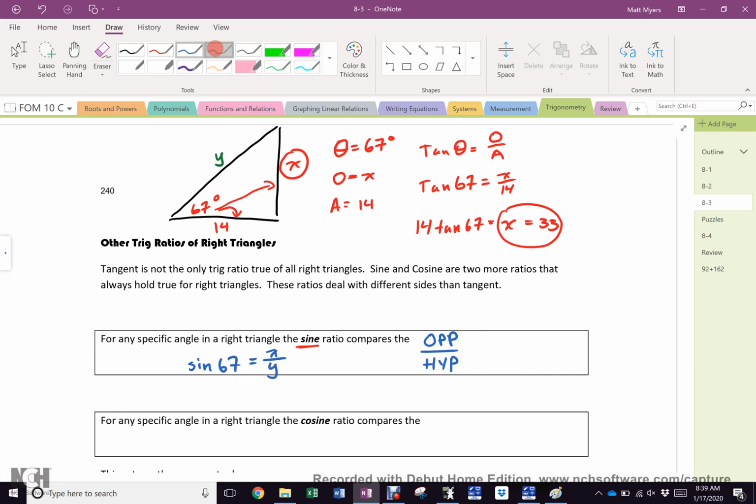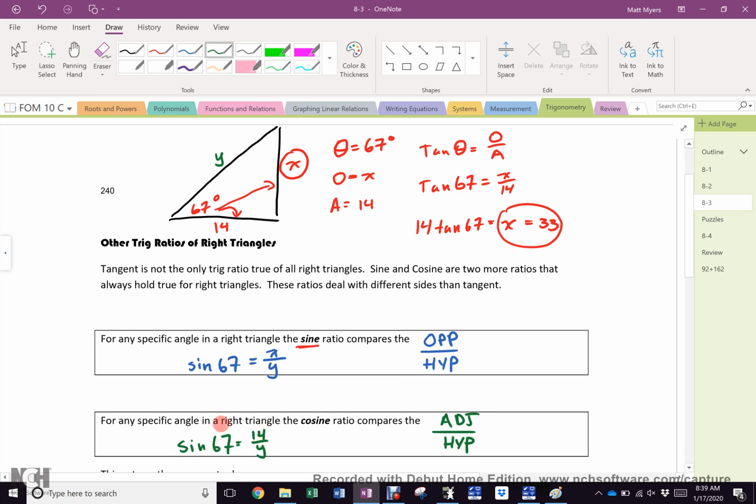Now, again, you're intelligent young people. If sine uses the opposite and the hypotenuse, what must cosine use? The adjacent and the hypotenuse. So in this question, cos 67 would equal 14 over y.